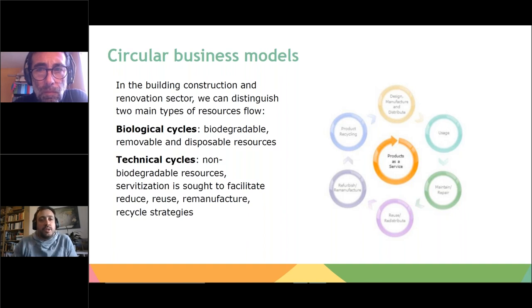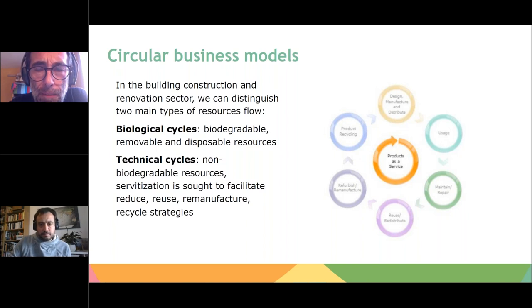So we are not foreseeing a biological cycle. We are focusing on technical cycles in which servitization is sought to ensure the optimization in the material use, the energy use, and also the water use, which are the main natural resources that we are consuming for building, construction, and retrofitting.